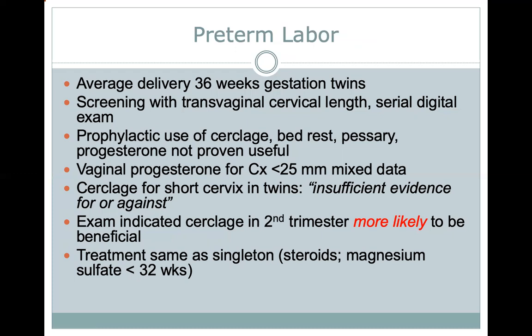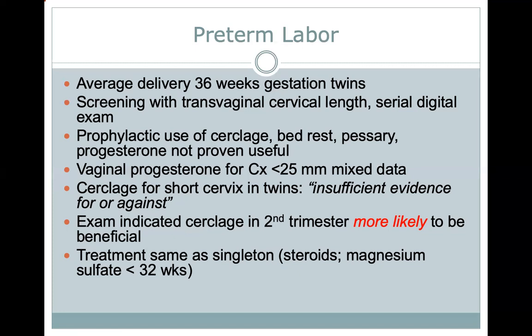ACOG has stated that because the effectiveness of interventions for multiples is unclear, they cannot recommend for or against routine cervical measures in twin pregnancies. Now, we do utilize this because I think that it can alter our management. We'll talk about this actually with the case today as well.